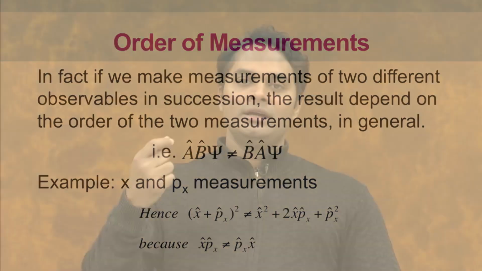I first make a measurement for the observable corresponding to the operator A, because A is operating on psi first, and then I make the measurement for the observable corresponding to operator B. In principle, these two orders of measurement, A B psi and B A psi, are not necessarily the same.